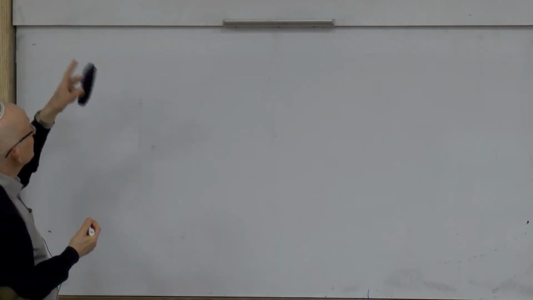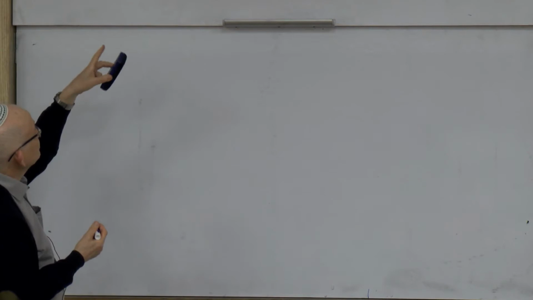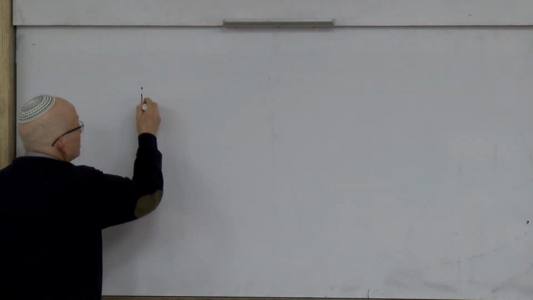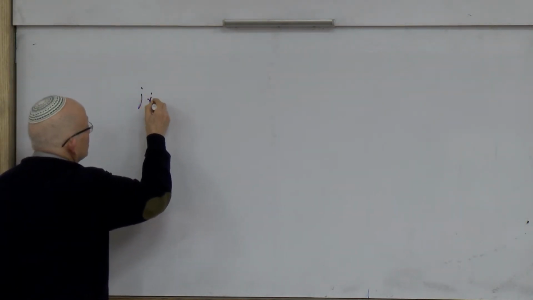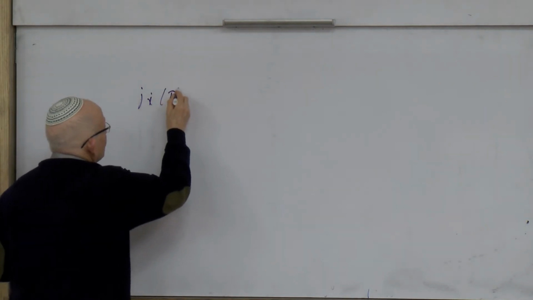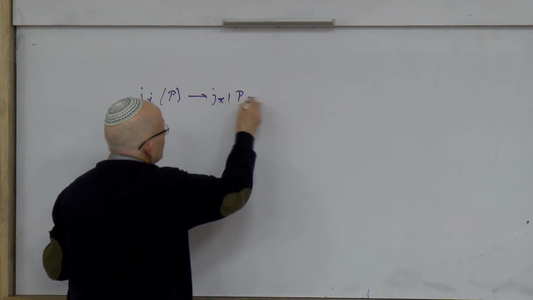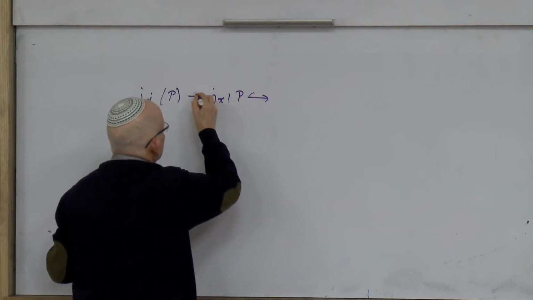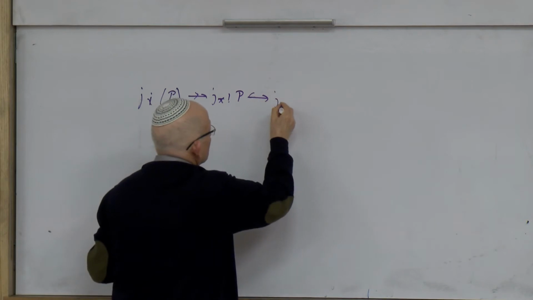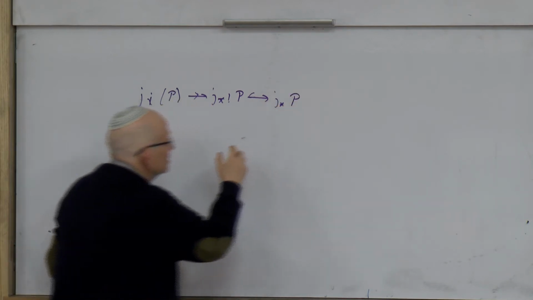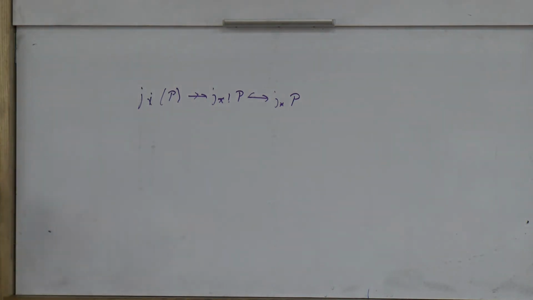First, in one direction, if F is equal to J, so we have J shriek of P mapping into J star shriek of P. This is an embedding, this is an epimorphism into J star of P. So I assume for simplicity that J is affine.